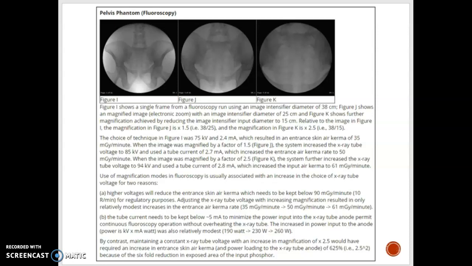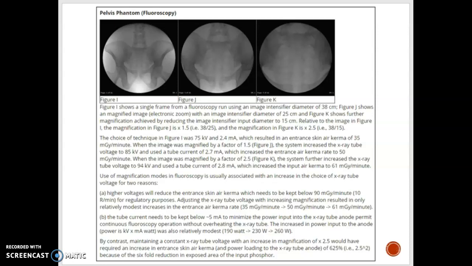In the first image you see in figure 1, the choice of technique was 75 kV and 2.4 mA, which resulted in an entrance skin dose of about 35 milligray per minute. But in figure J, which is beside the first one, when the image was magnified by a factor of 1.5, the system increased the X-ray tube voltage to 85 kV and used a tube current of 2.7.